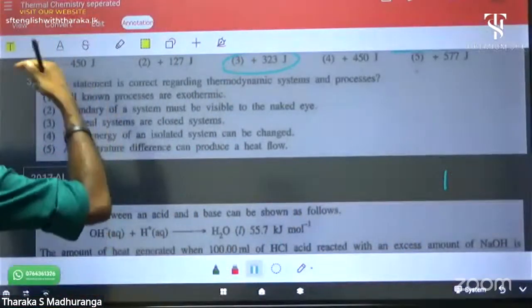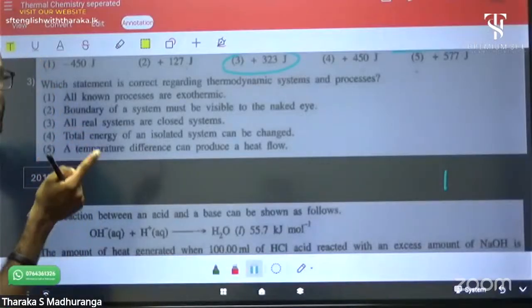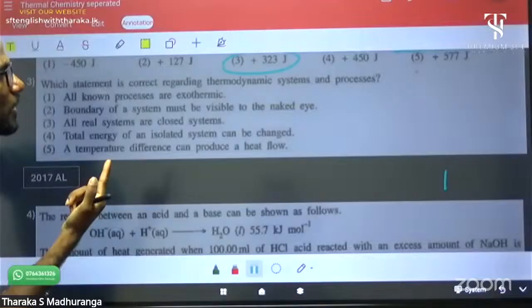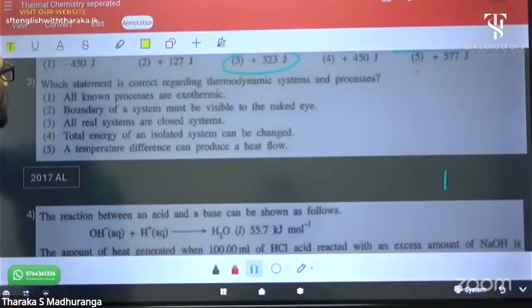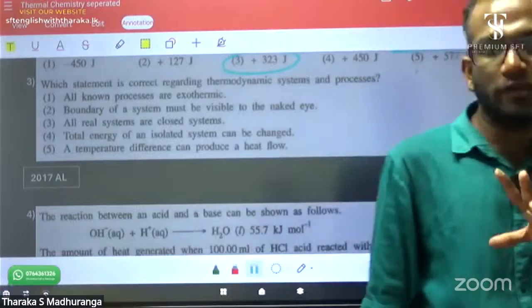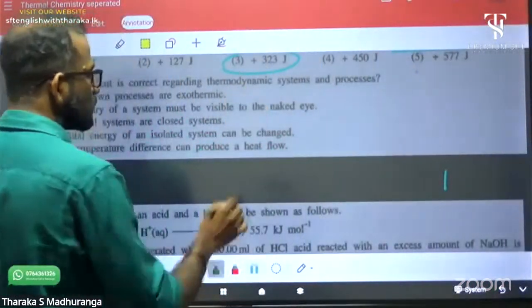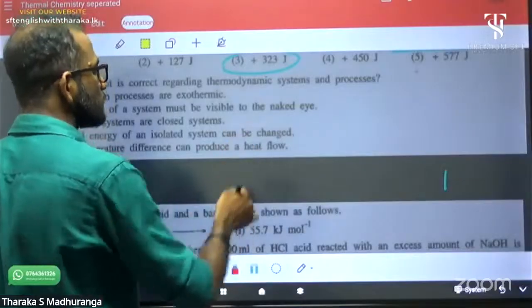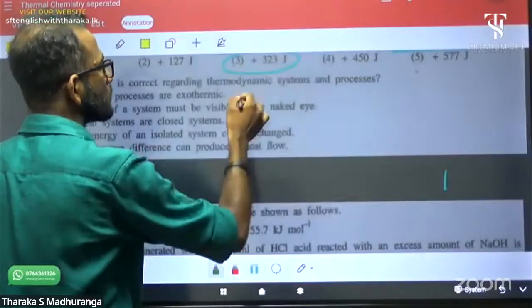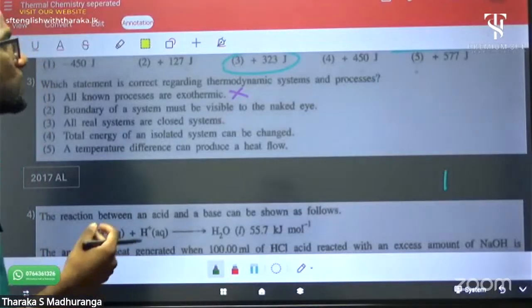2016, next question. Which statement is correct regarding thermodynamic systems? You already know now thermodynamic system and process. All known processes are exothermic? No. Endothermic or exothermic? First one, no. All known processes are not exothermic.